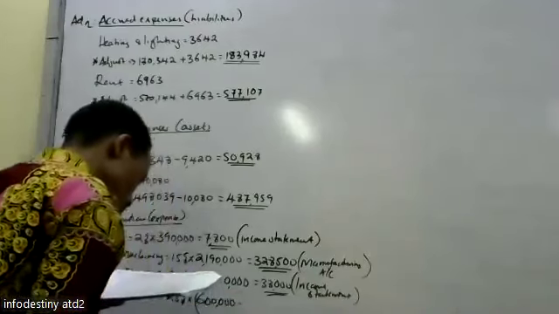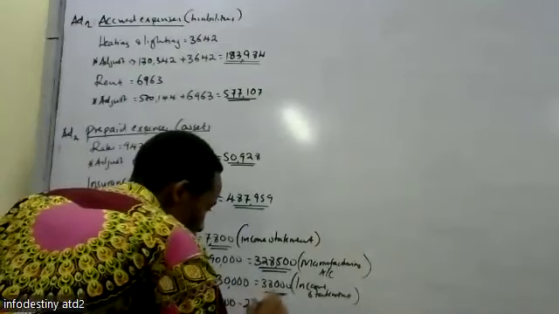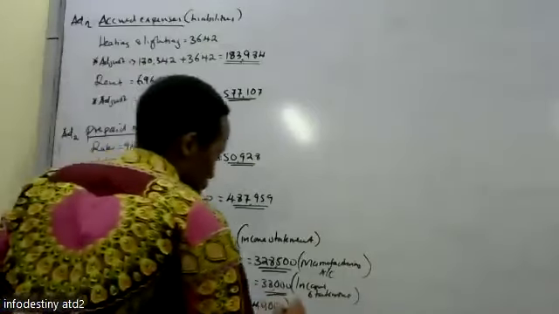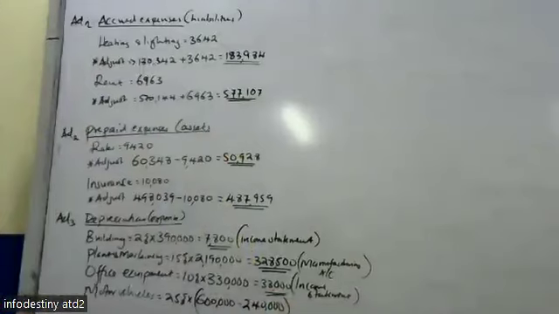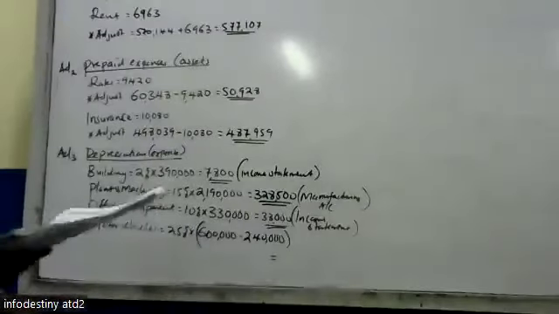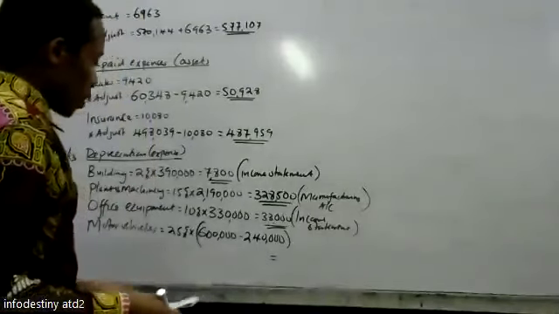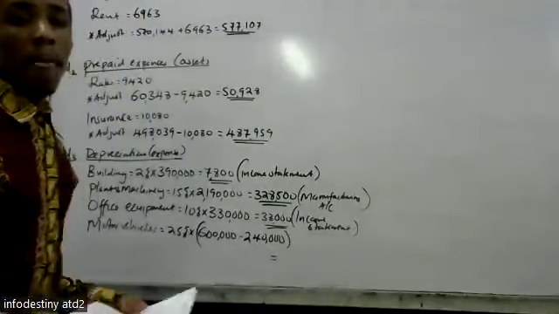We minus the accumulated depreciation of 240,000. Then we multiply with 25%. 600 minus 240, that is 360, right? 360,000 times 25%.